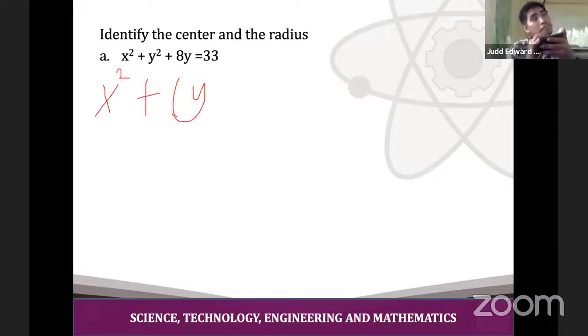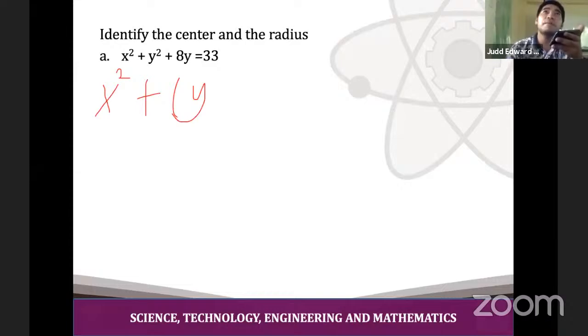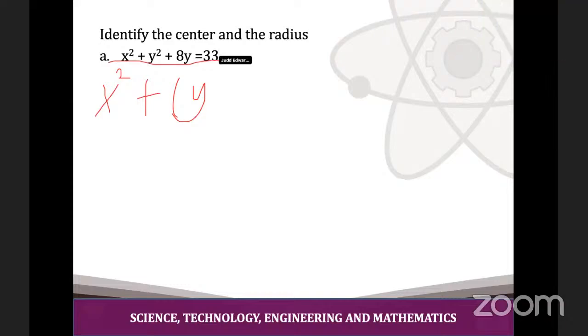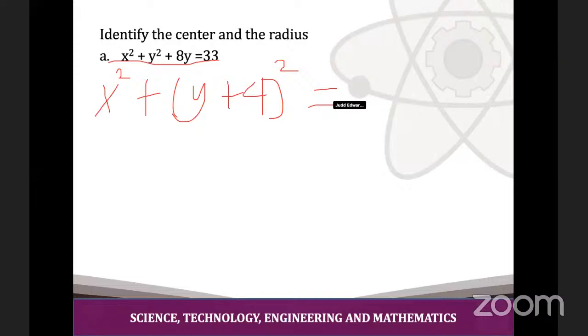Bakit minus 4? Kasi po yung 4 po ginawa po siyang negative po sa factor. Hindi pa pwedeng gawing negative. Kailangan mamaya mo pa siya gagawing negative kapag kinukuha mo na yung center. Kailangan pag center radius form, yung positive pa rin kasi wala namang negative dun sa given. Tama? Opo. So this becomes x squared plus y plus 4 quantity squared is equal to 49 po.